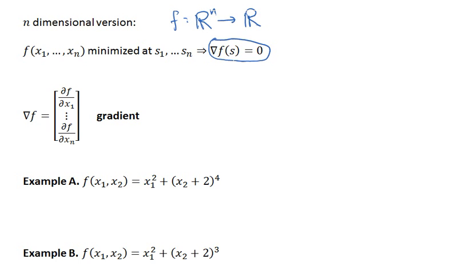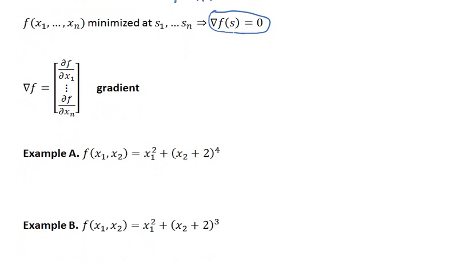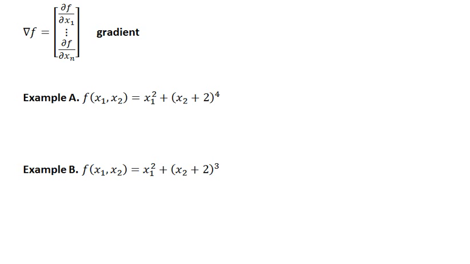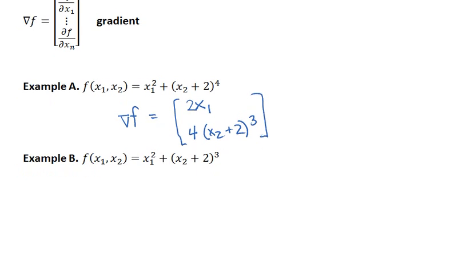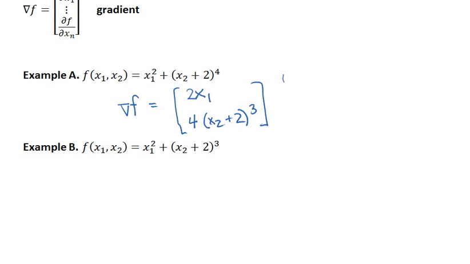It's a vector of all the possible partial derivatives of f. So for example, we have this function of two variables, so we could compute its gradient. The derivative with respect to x1 and the derivative with respect to x2, like so. And then grad f equaling 0 implies that x1 must be 0, and it implies that x2 must be negative 2.